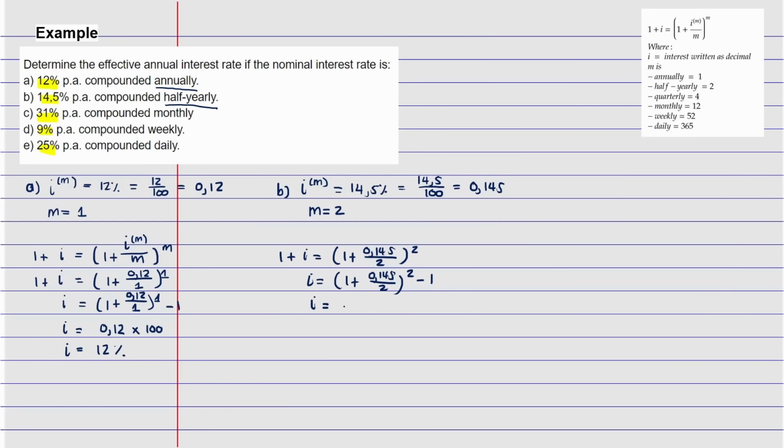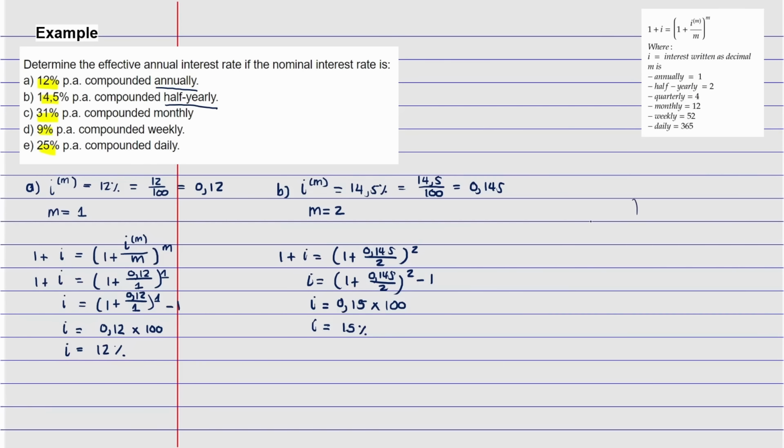Pass that to the calculator, you're going to get that your effective rate is equal to 0.15, right? Then change this into a percentage, so it's multiplied by 100. So therefore, I is equal to 15%. So that's how you would find B, right?